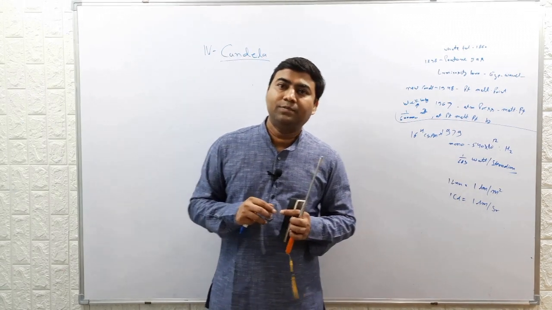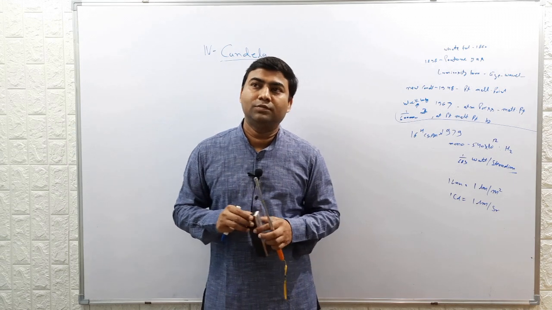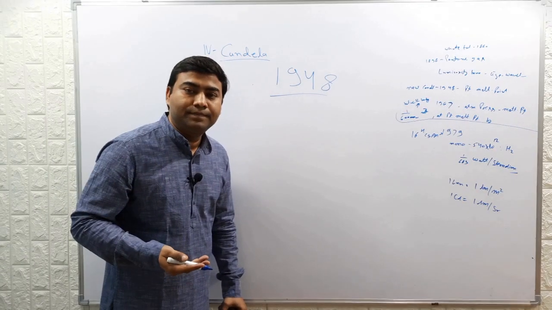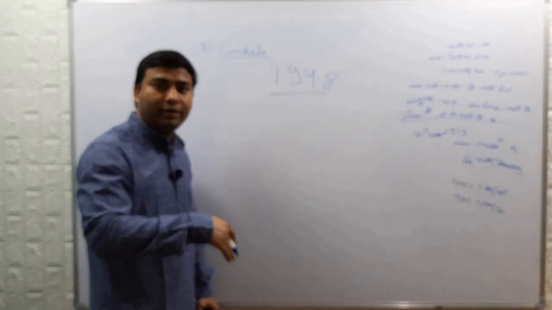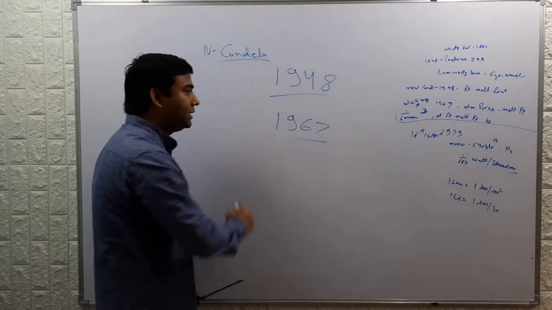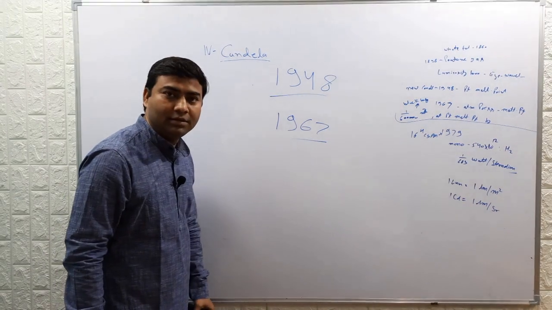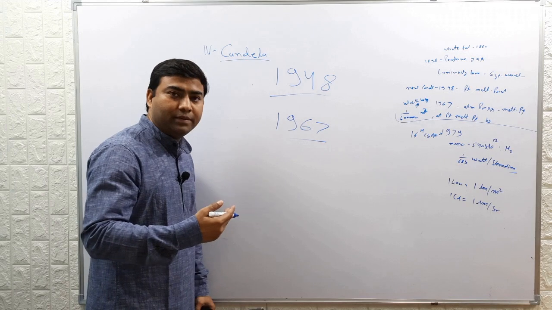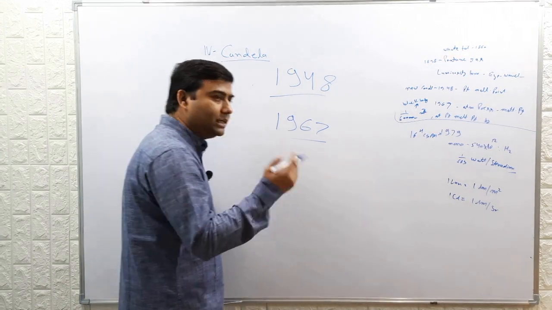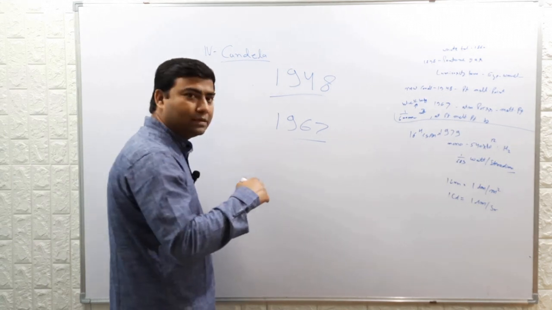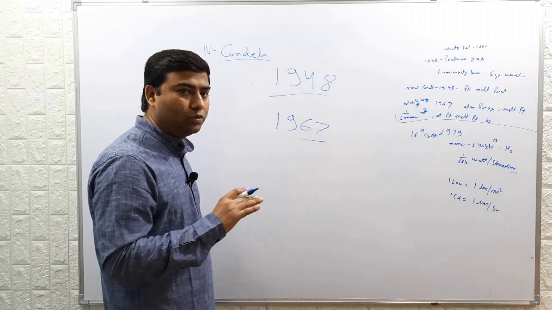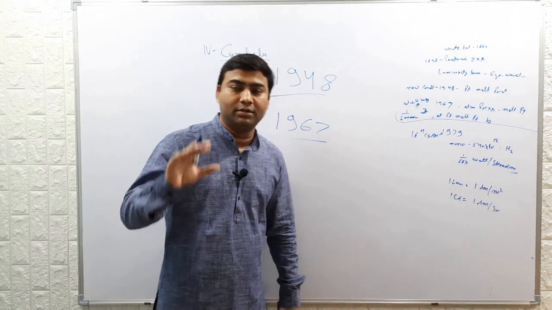As this definition was based on the black body radiation, it was called the new candela. After that, this new candela was again redefined in 1967. In 1967, the CGPM, General Conference for Weight and Measures, redefined 1 candela. That was also based on black body radiation, but it also included atmospheric pressure.